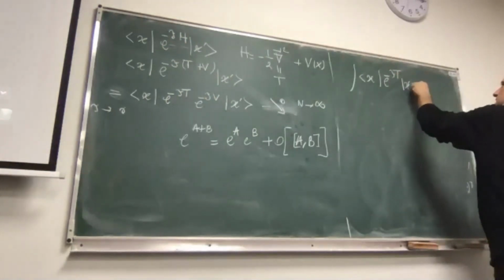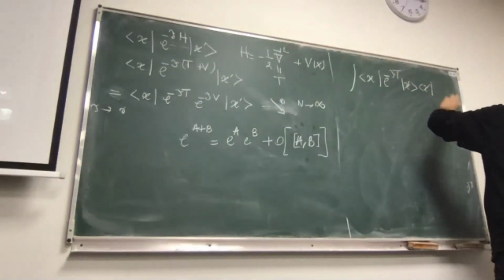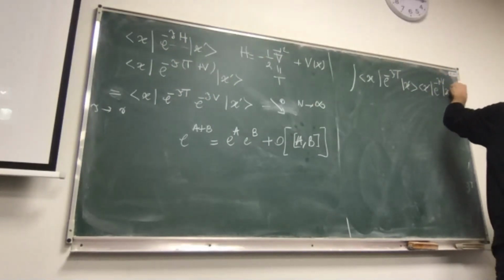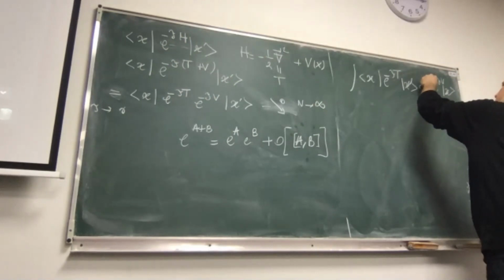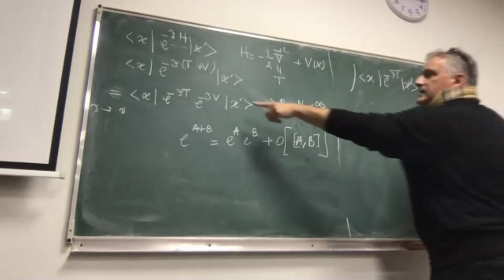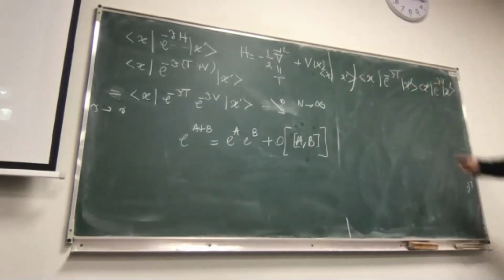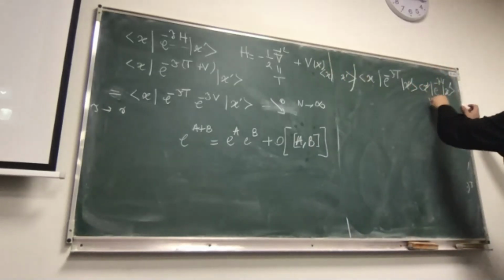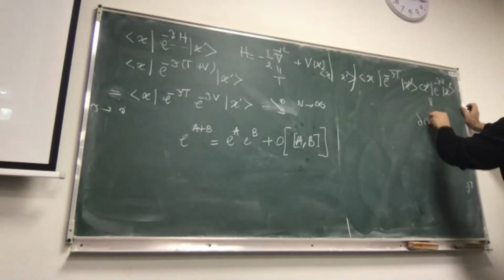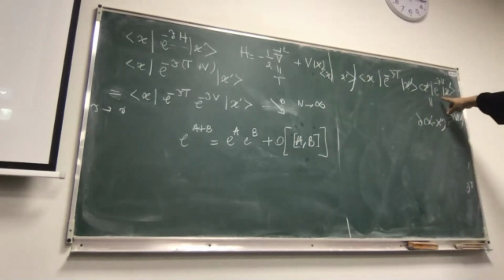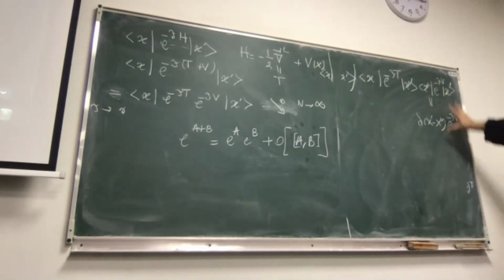X prime, exponential minus tau V, x second, x prime. Okay, this is x prime. And this is a local operator. So this is delta x prime minus x second exponential minus tau V of x prime. A multiplicative operator is diagonal in x.